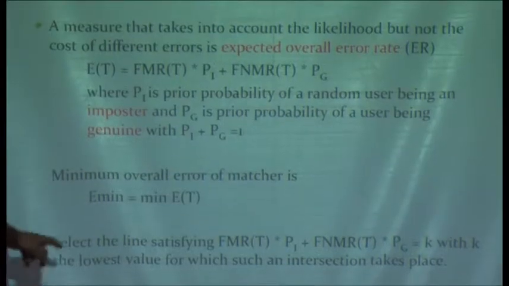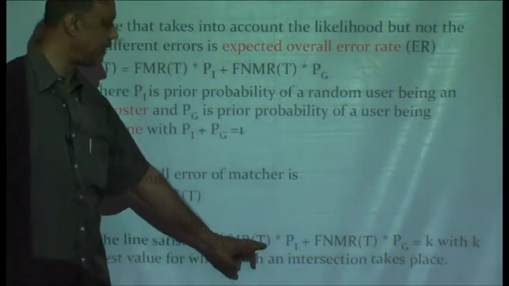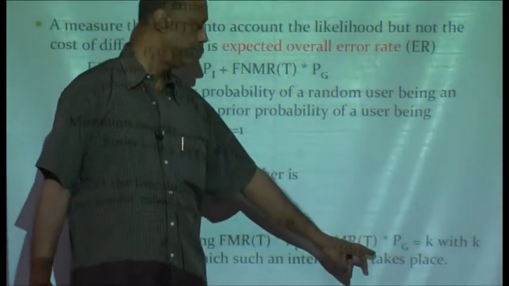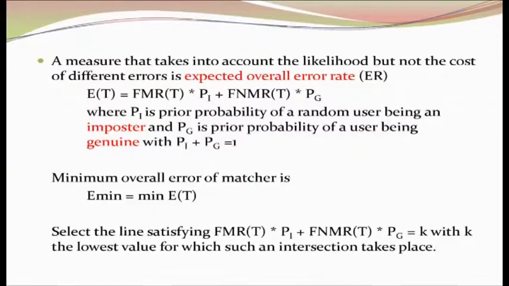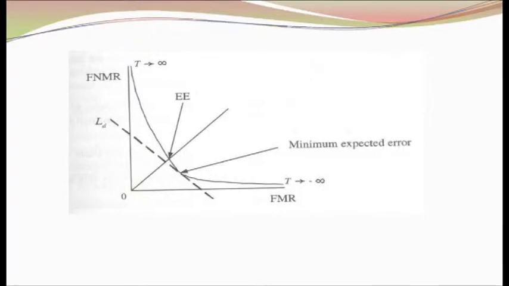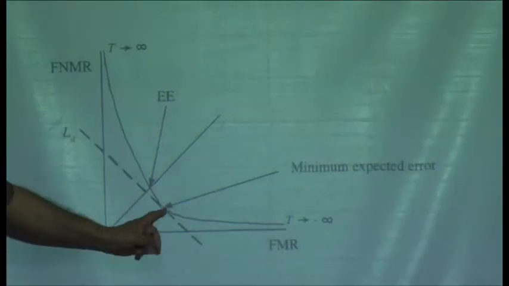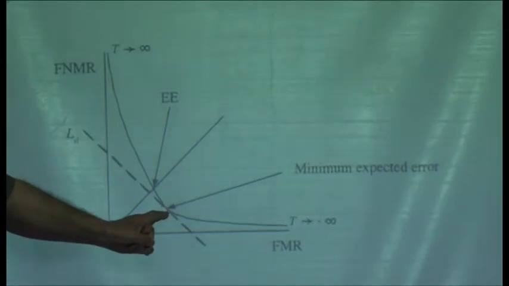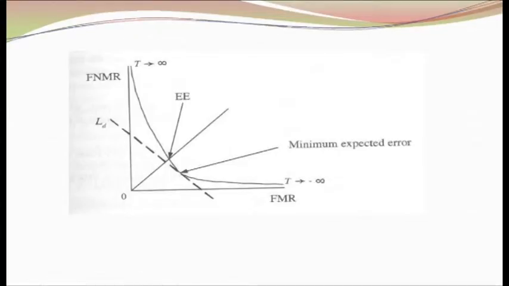right. So basically you will be getting FMR(t) into P imposter plus FNMR(t) into PG, that will give you a value K. So K is a line, this is a line, right. You will be looking for that line which touches that point, and this is your minimum expected error rate, right.